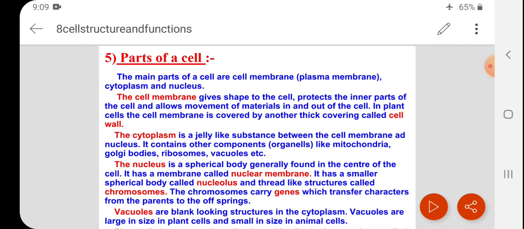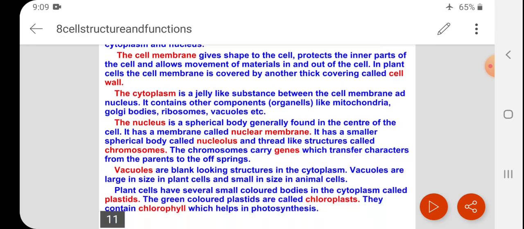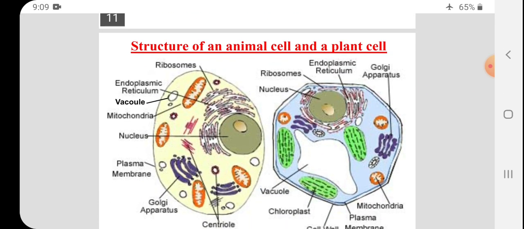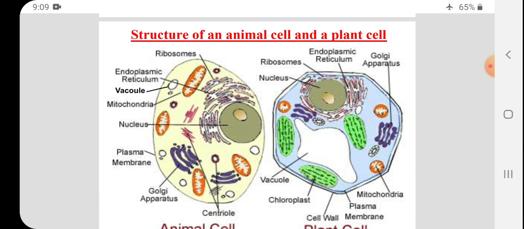Right? Now, vacuoles are the blank-looking structures in the cytoplasm. Vacuoles are large in plants because they have to retain water, and small in animal cells. You can find the similarities and differences between animal cells and plant cells.